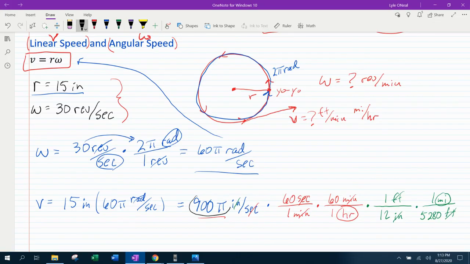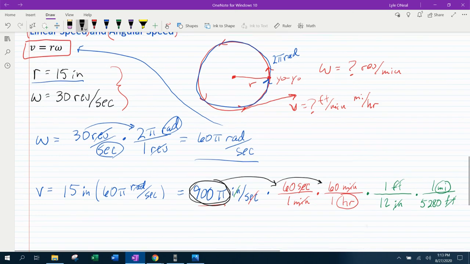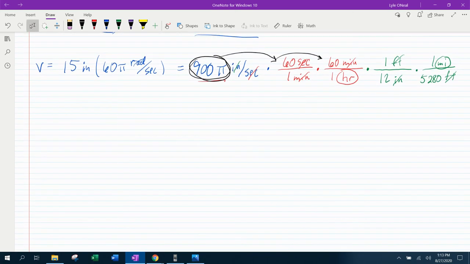Now I'm going to take this 900 pi, multiply by 60, multiply by 60. That's going to give me my numerator. And then in the denominator, I'm going to take my 1 times 1 times 12 times 5,280, and that'll give my denominator.